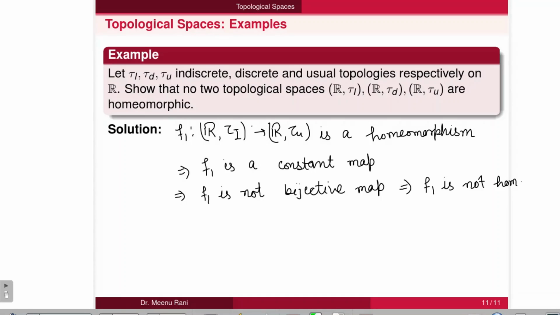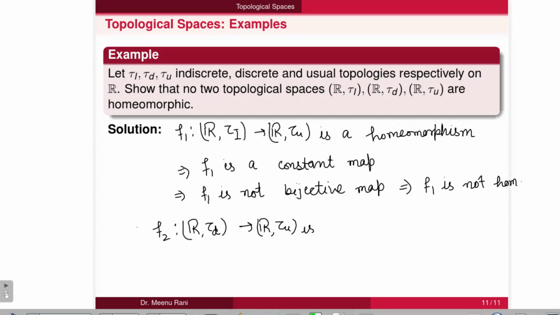Now if we take the reverse of this function, meaning usual topological space to indiscrete topological space, it is also not a homeomorphism. Now next we define another function F2 from the discrete topological space to the usual topological space.